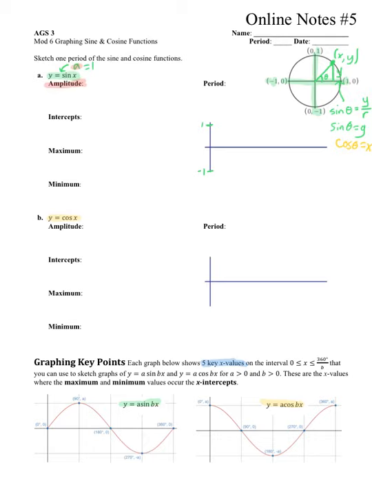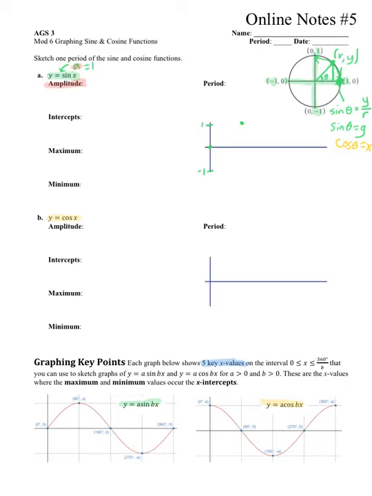And now when I'm looking for points on a sine function, if I start right here at the positive x-axis on the graph up top in the right corner and rotate around the circle, my y value starts at 0. Once it gets up to 90 degrees, it's going to be at 1.